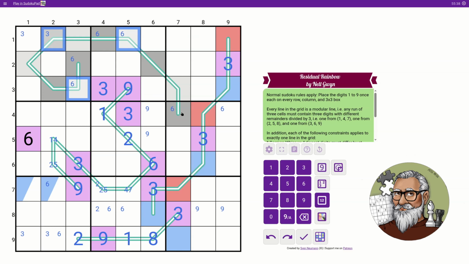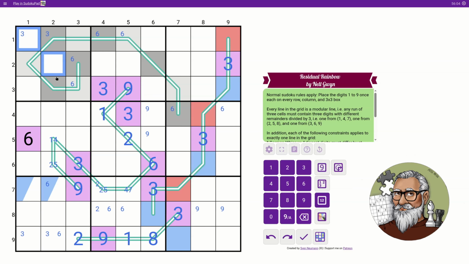And this would have to be 9. But 9 is in 3 places, unfortunately. Ah, bummer. As if those were 9, then we would know that this is definitely 3 or 9. But that's not true. Can we have 3 and 9 here? If this is 9 and this is 3, how would that work? Well, that wouldn't work, would it?